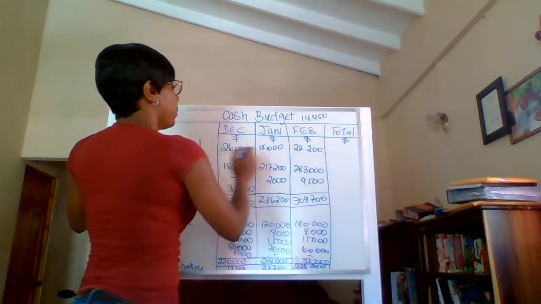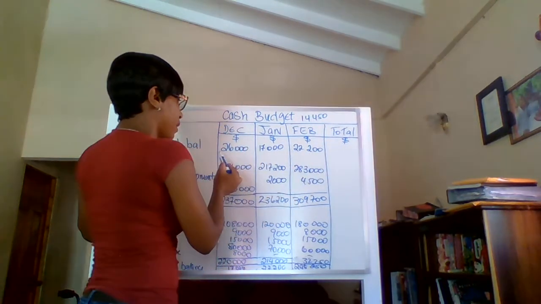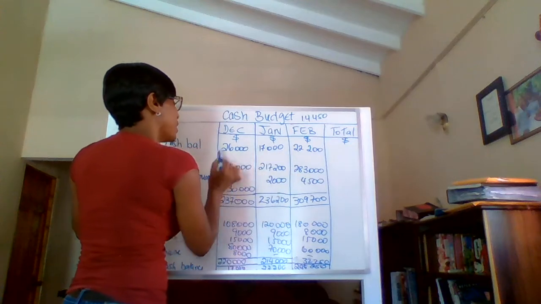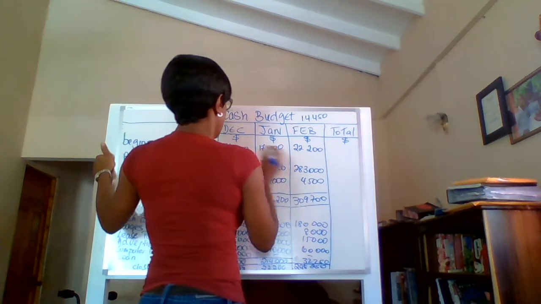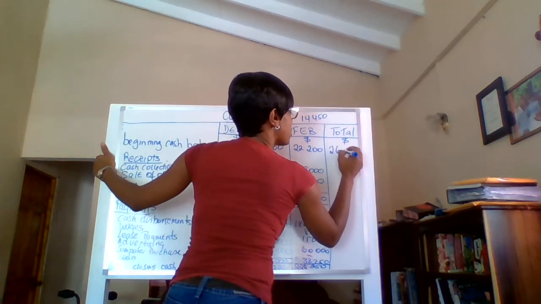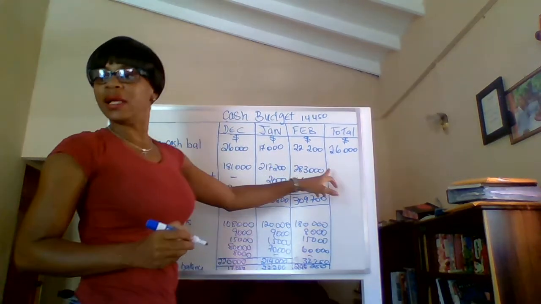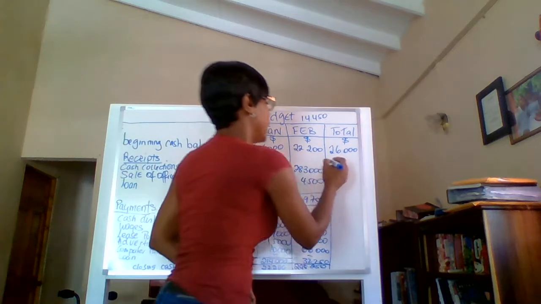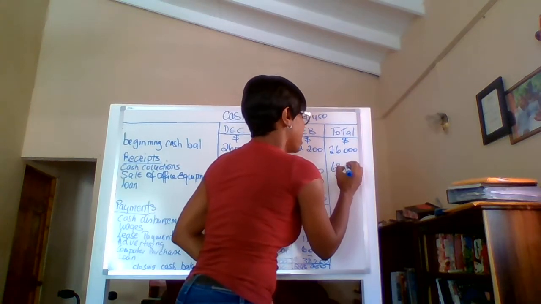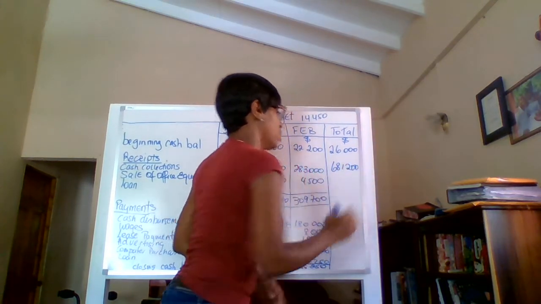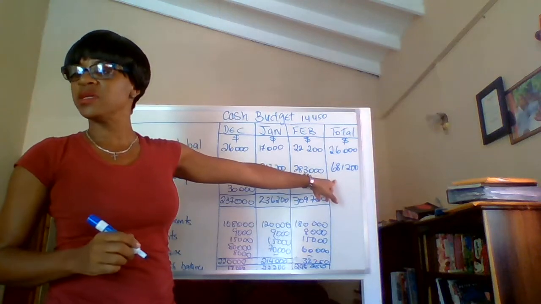So in your total column now, class, you are going to put your beginning cash balance. You're not going to add them. You need only the beginning cash balance at the beginning of the period, December, which was $26,000. Then you add across. Total cash collection is $681,200. This is what we added in the cash disbursement.